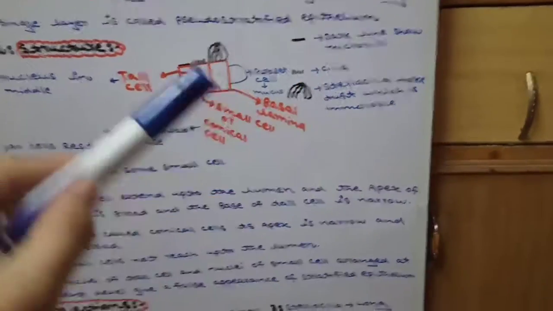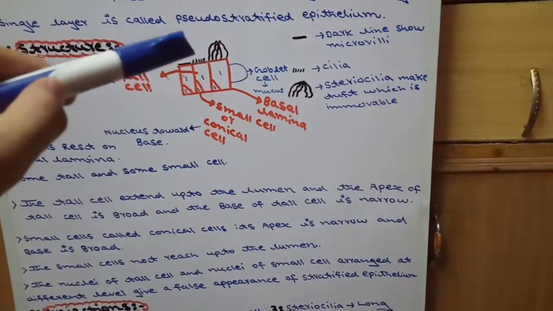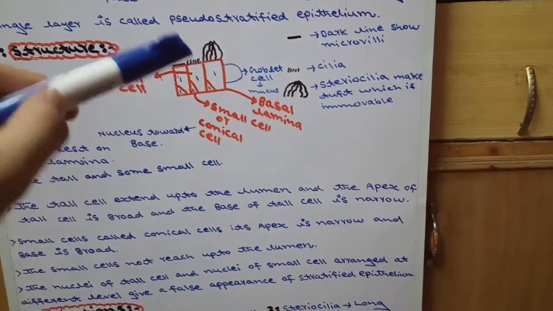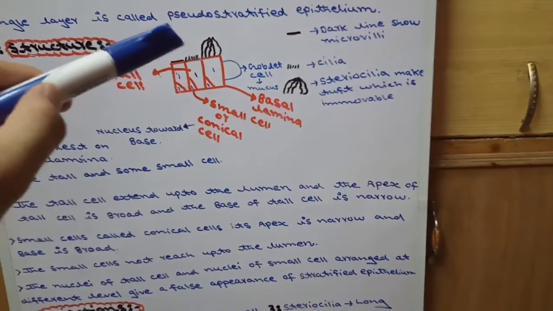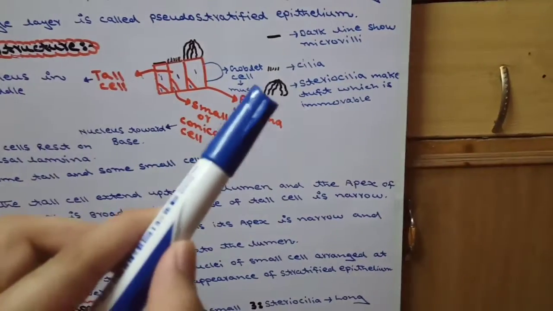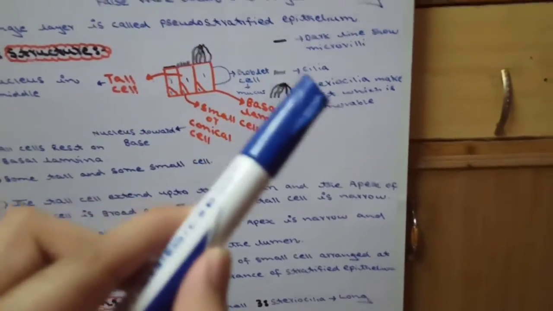Number two, cilia. Cilia are much longer than microvilli and look like hair present on the columnar cell. The third is stereocilia, which are long.